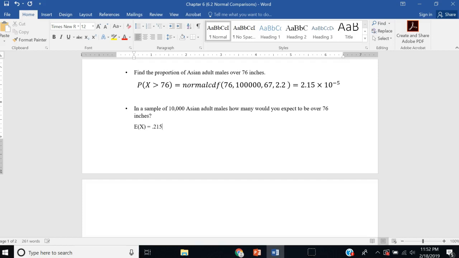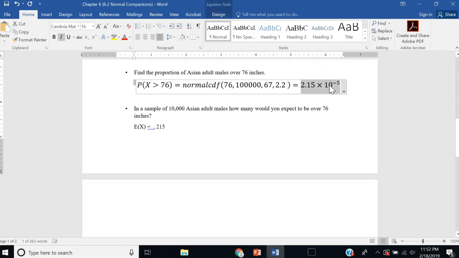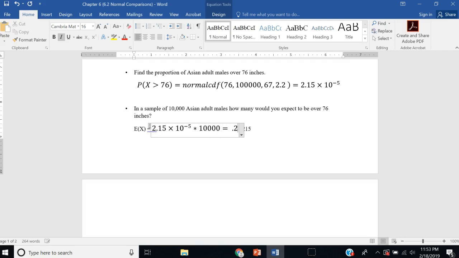So less than a person. Hopefully that makes sense. If I take this number here and multiply it times 10,000, I end up with 0.215. So that is the expected value.